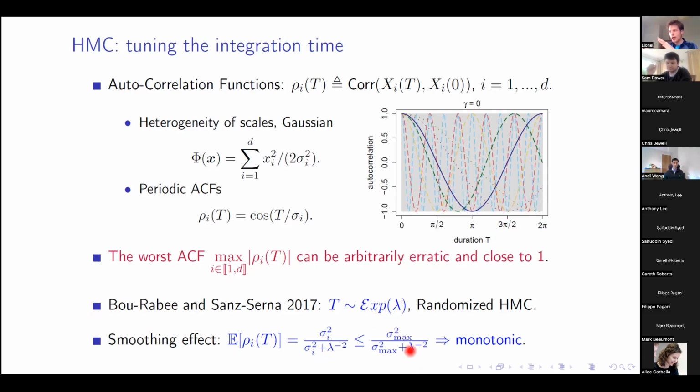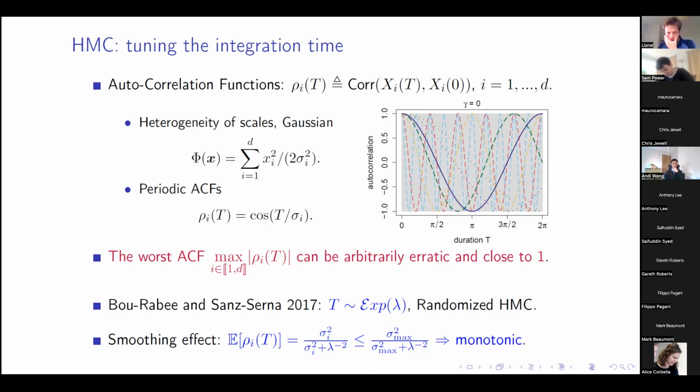And as you can see here, as the inverse of the parameter goes to infinity, we recover something that decays to zero. Okay. So this gives us a way to tune the average integration time instead of tuning the integration time. That enables robustness of tuning the integration time to ensure control of all the ACFs at once. Okay.